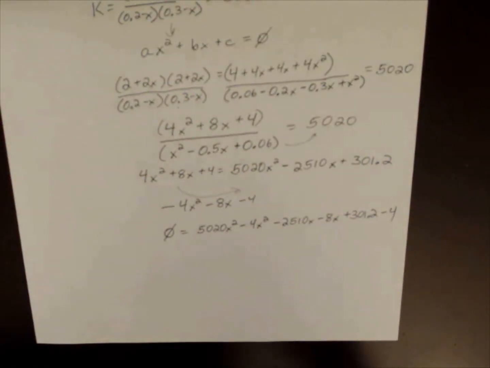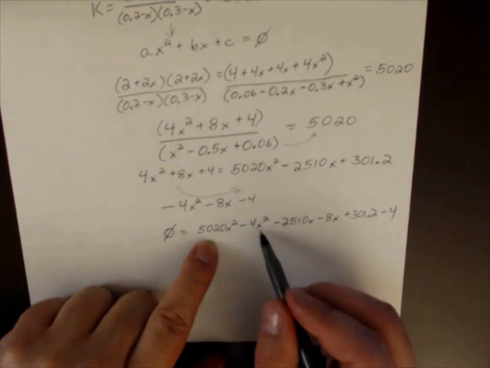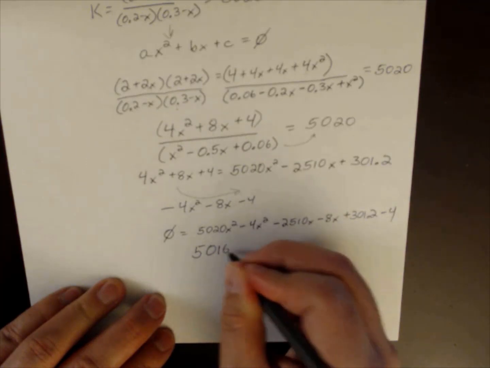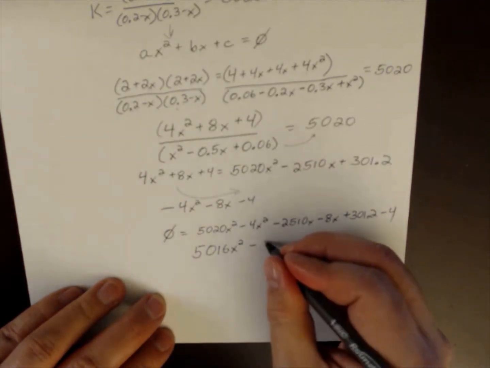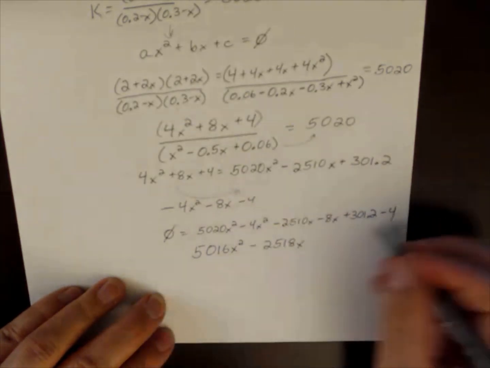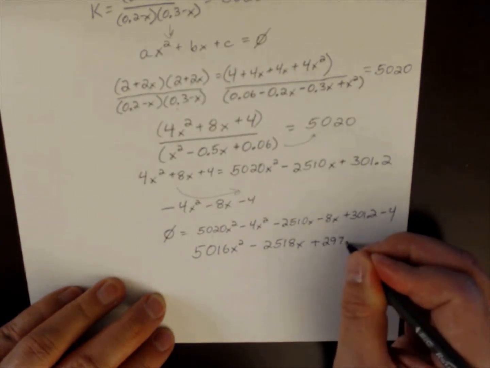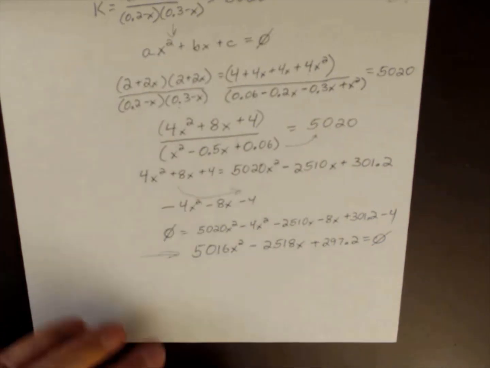So 5,020 minus 4 is going to give me 5,016 x squared, minus 2518x, plus 297.2 equals 0.